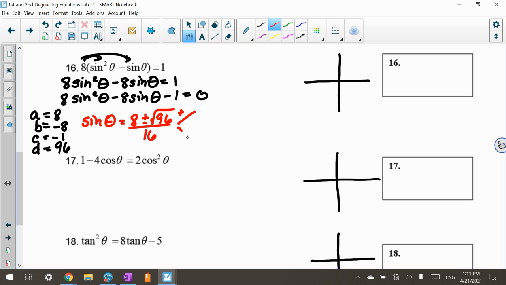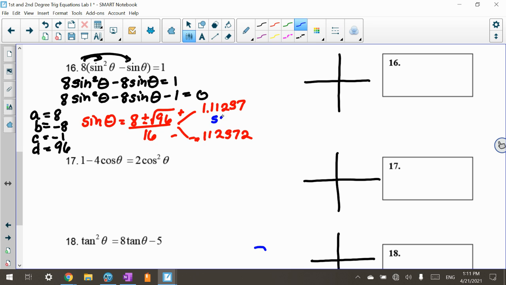And I do the positive and negative, and when I do, I get 1.11237 here. When I do the negative, I get negative 0.112372. So I notice here, I'm a little concerned because I see that this is over 1.